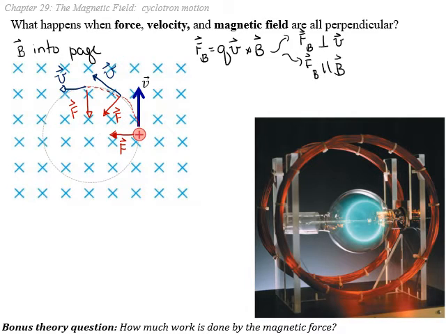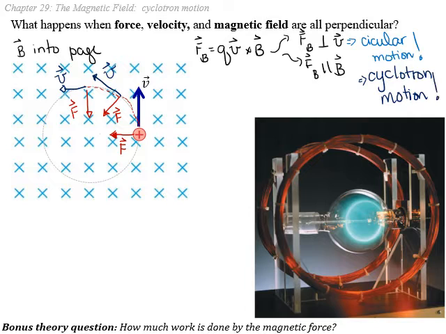So it's perpendicular to both. When it's perpendicular to the velocity, that's the case for circular motion. And when we have charges moving in a magnetic field, we give that a special name and we call it cyclotron motion. So cyclotron motion is circular motion of a charge in a magnetic field.